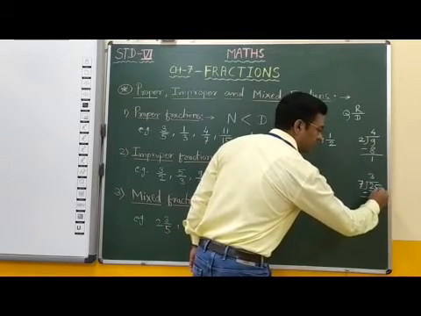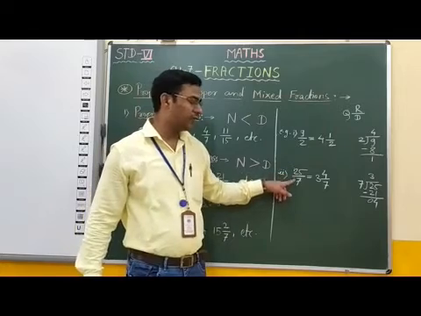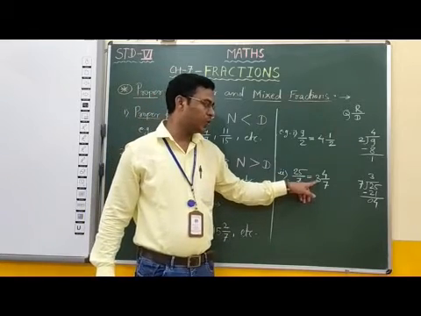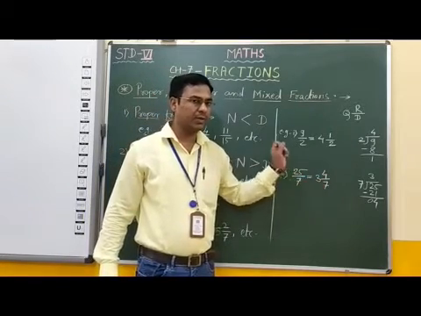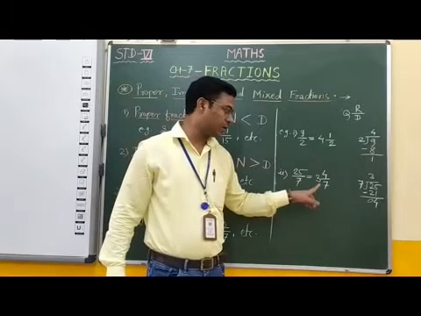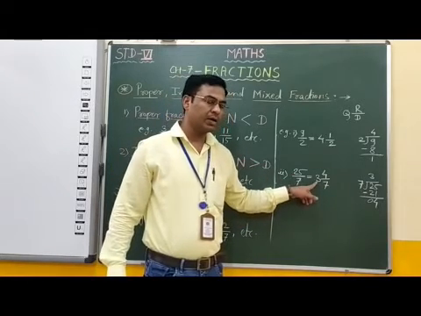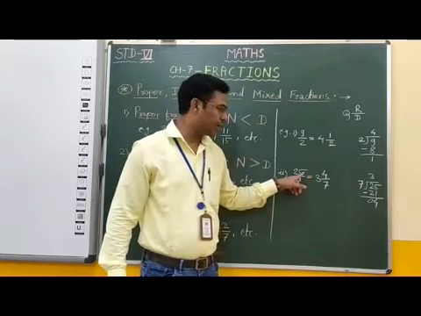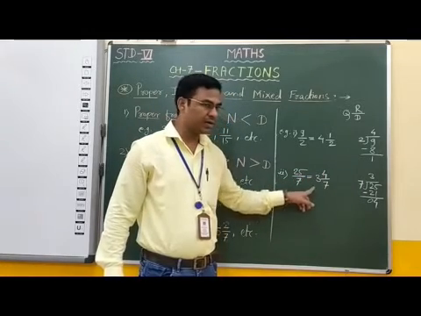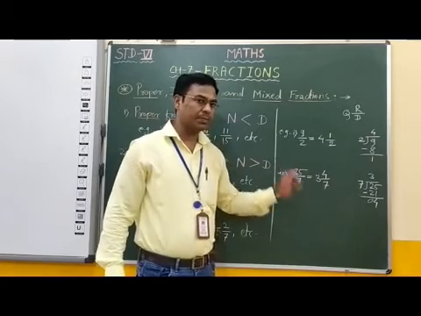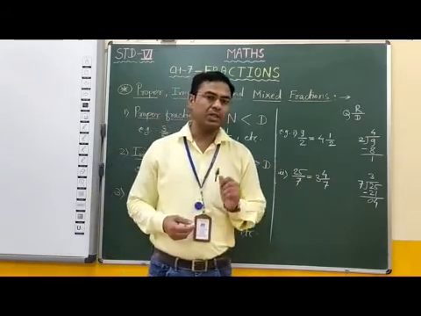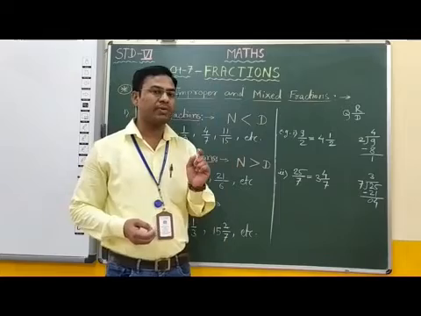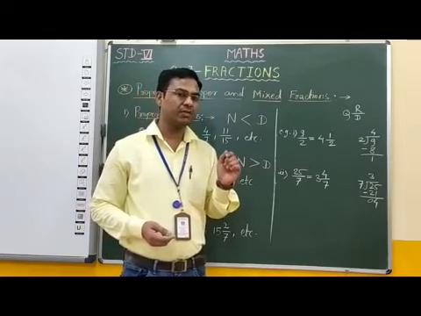The remainder is 25 minus 21, which is 4. 25 by 7 is equal to 3 4 by 7. If you check our answer, 7 threes are 21, 21 plus 4 is 25. Therefore, here the numerator is 25 and the denominator is the same. Therefore, in this way we can convert an improper fraction into a mixed fraction.